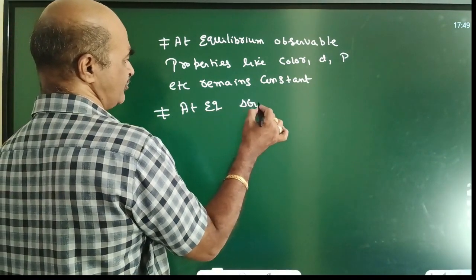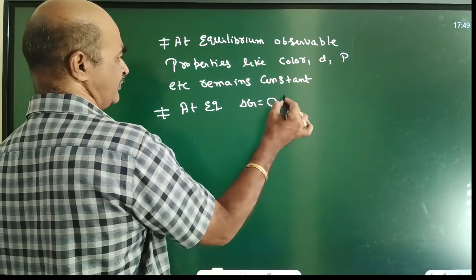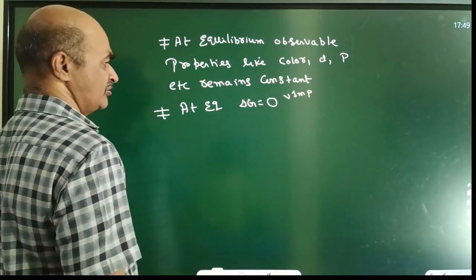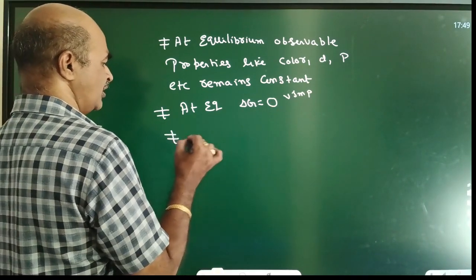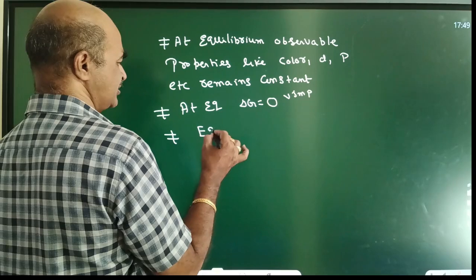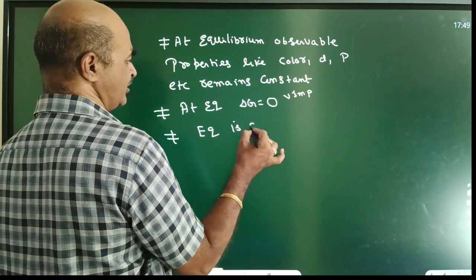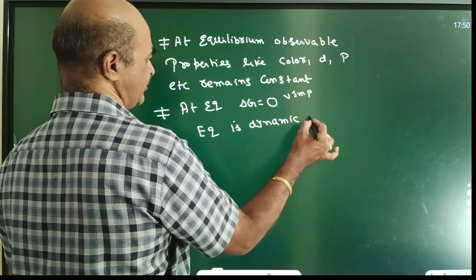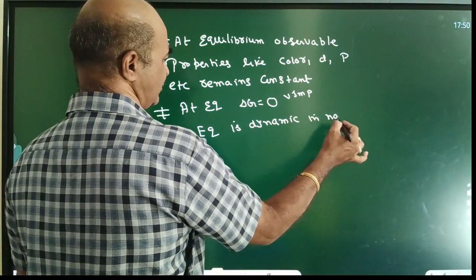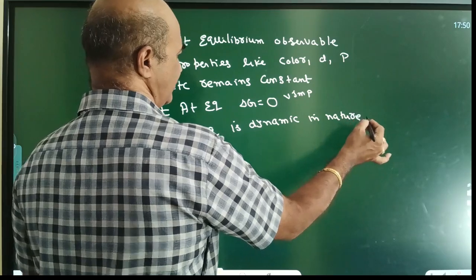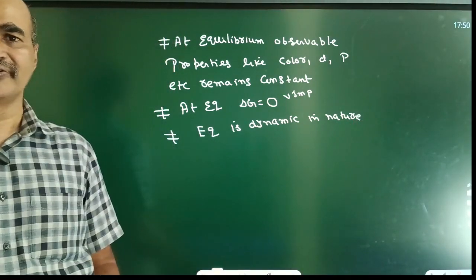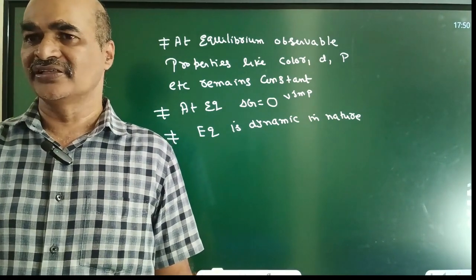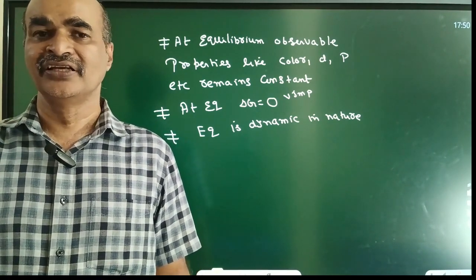And next point, at equilibrium, delta G is equal to 0. This is very, very important. And equilibrium is dynamic in nature, since reactants are continuously converted into products and products continuously converted into reactants.